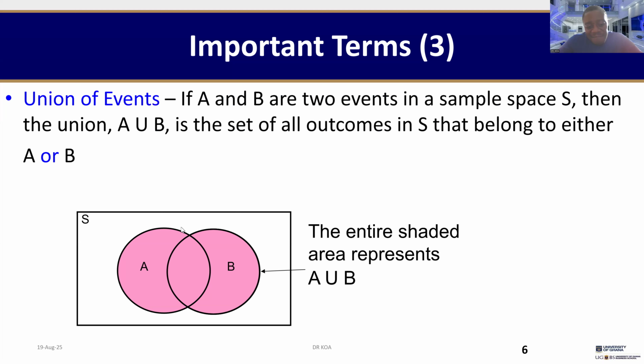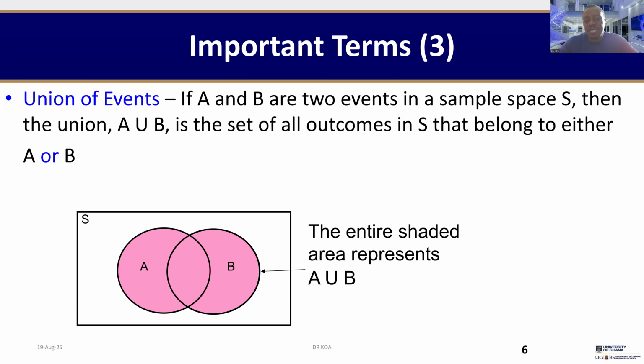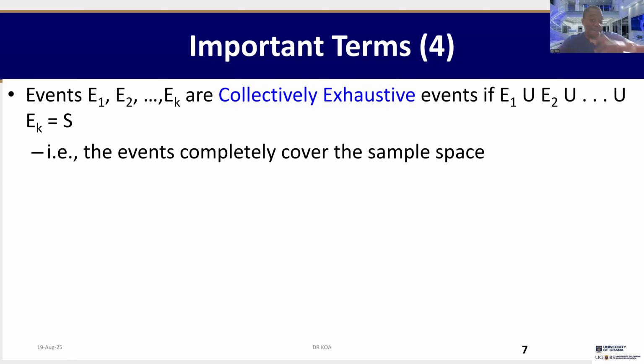So when you come here, which part are we talking about? We are talking about everything here plus the space outside the colored region. That's the white space. So when we talk about collectively exhaustive, we are talking about the white space as well. So they make up a sample set.